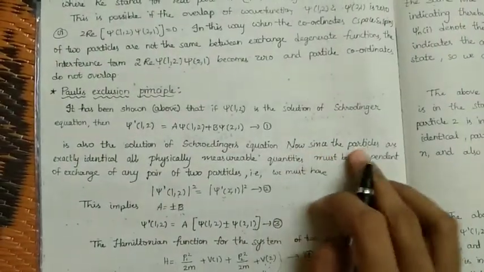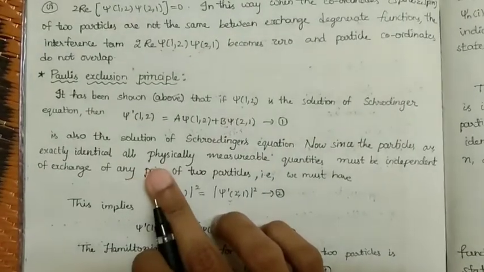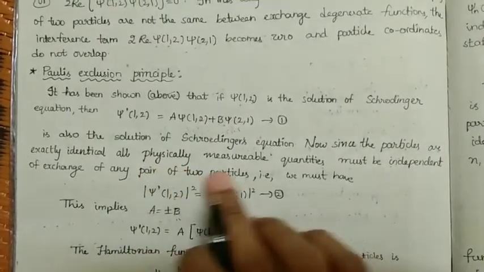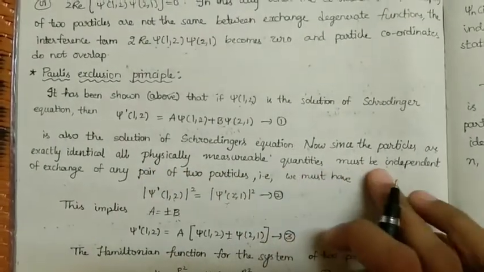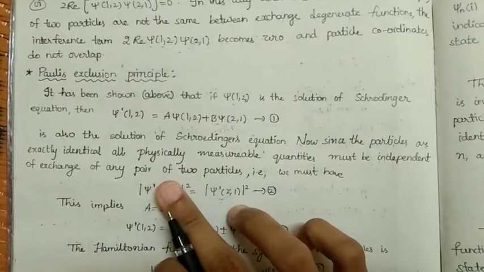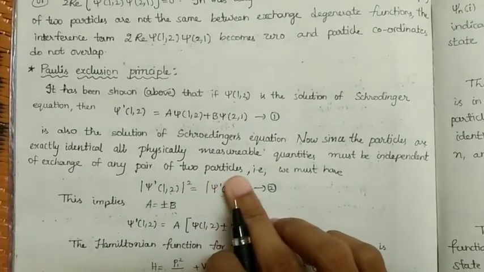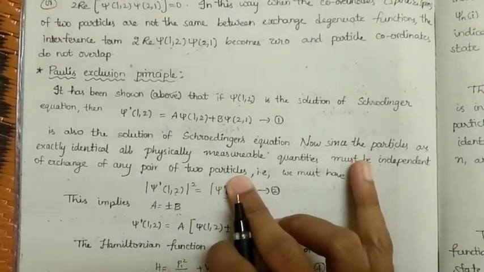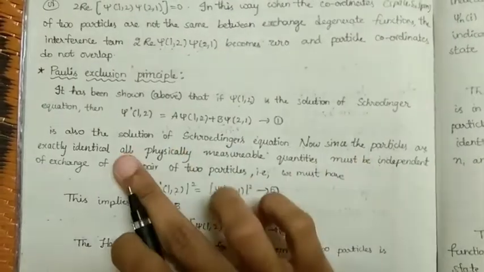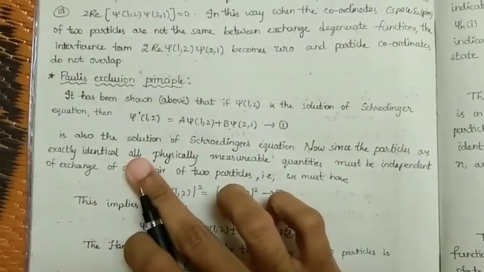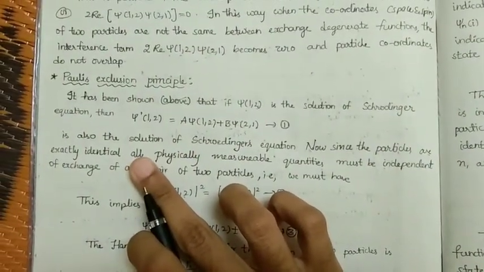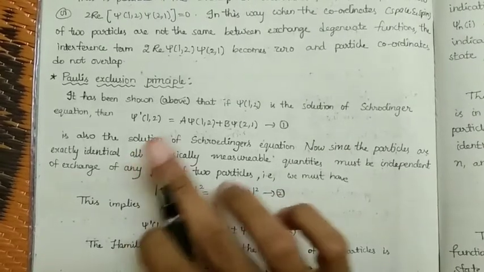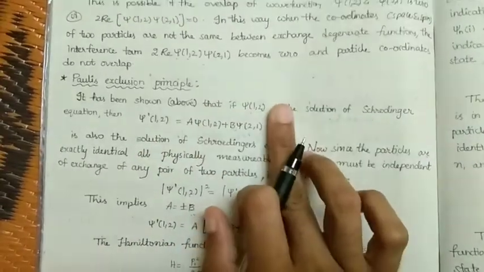Now since the particles are exactly identical, all physically measurable quantities must be independent of the exchange of any pair of two particles. As these particles are identical, suppose in the starting this is the first electron and this is the second electron.